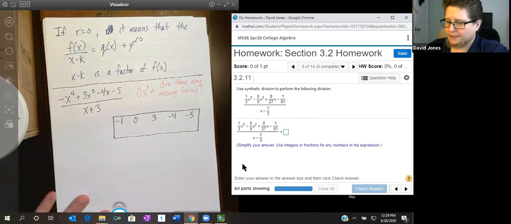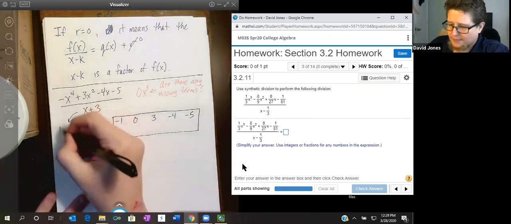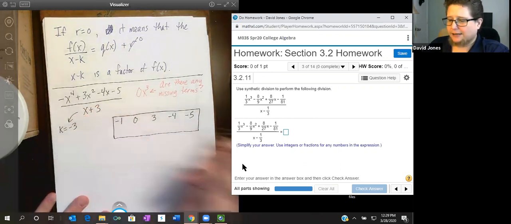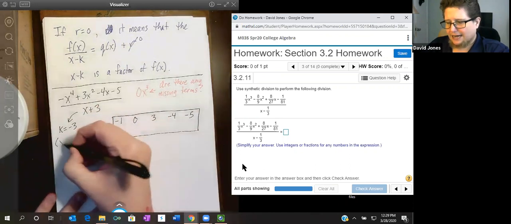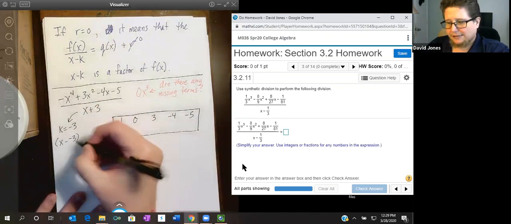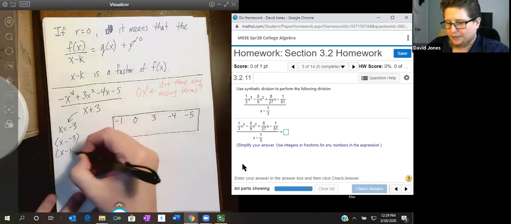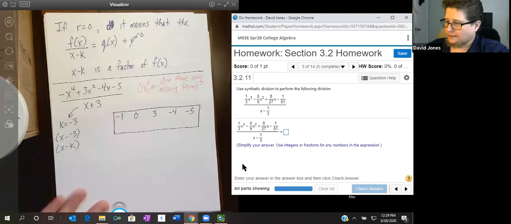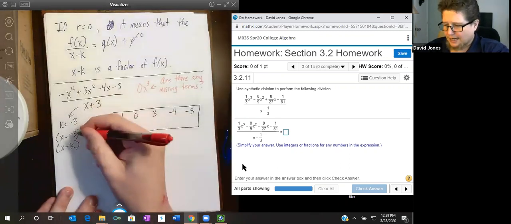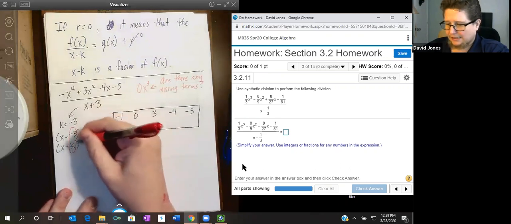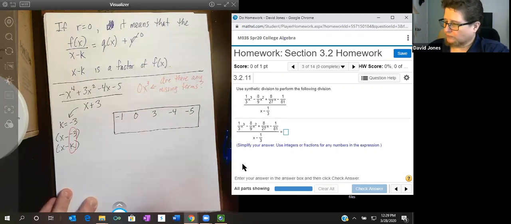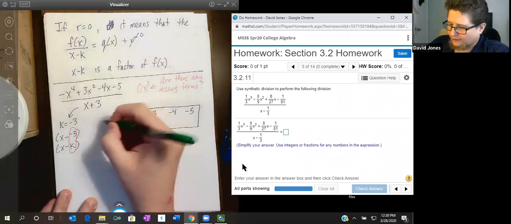Remember, it's the opposite sign. This means k equals -3, because what we really have is x minus -3, and that matches up with x minus k. So k equals -3. So I'm going to put -3 out front.